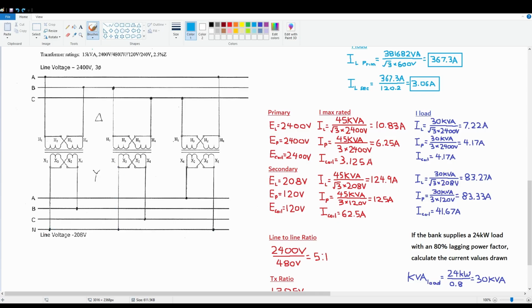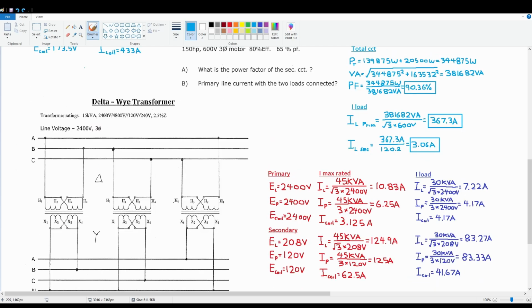Right? Another thing to note, it might be confusing how you decide to connect this, whether you have to connect your windings in parallel or series, and whether you have to have it in Y or delta.